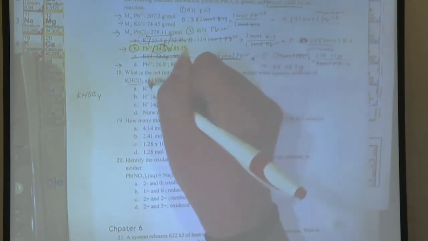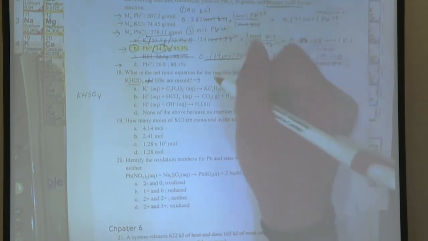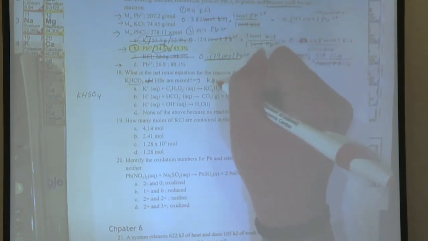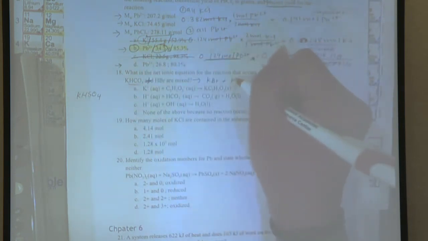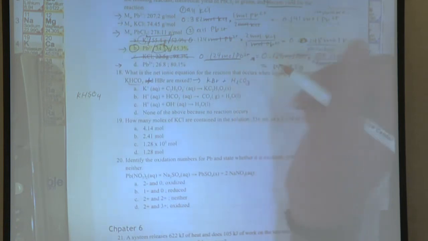And so when we mix these guys up, what's going to happen? Let's say I just add them together like this, they're going to make KBr, and they're going to make H2CO3, right? This guy is aqueous, and both of these are aqueous, by the way.